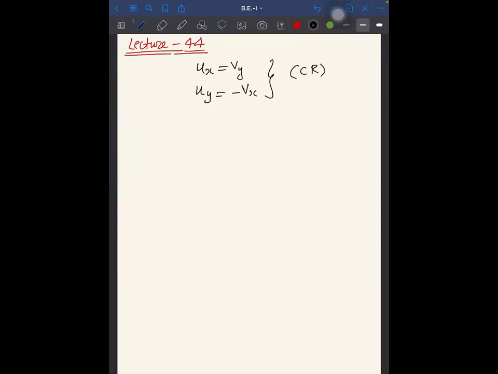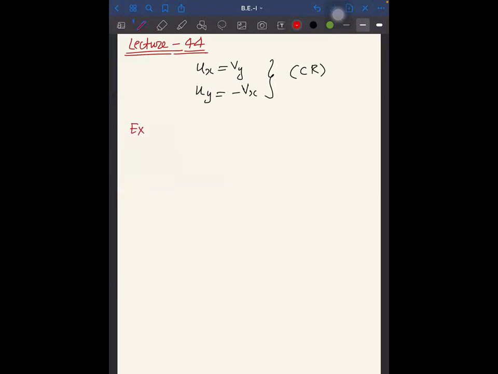We have derived those CR conditions. Now let's see how, even if the CR conditions are satisfied, the function may not be differentiable at that point, right?